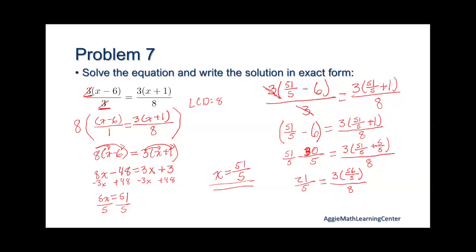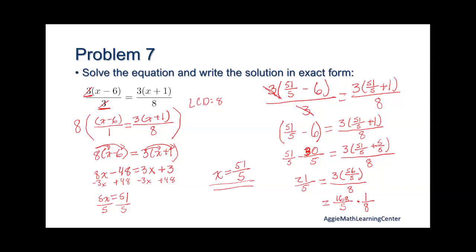You're going to end up multiplying your 3 through your 56 fifths, which is going to equal 168 over 5. And I'm going to rewrite our dividing by 8 as 1/8, because that's going to be the same thing.